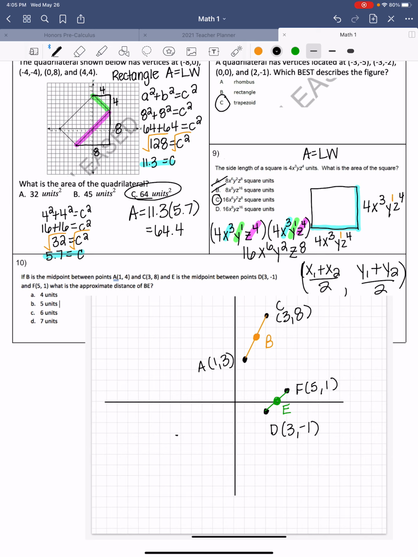All right, so for B, I know I'm going to do 1 plus 3 divided by 2, and then 3 plus 8 divided by 2. All right, so that's going to be 4 divided by 2 is 2. 3 plus 8, that's going to give me 11, and divide that by 2.